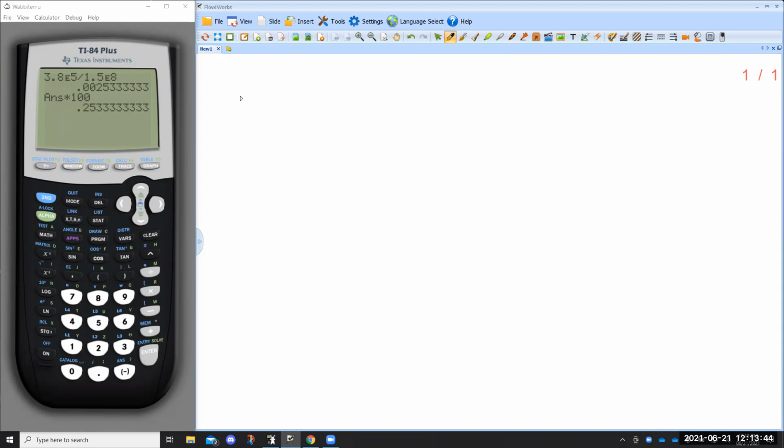Given here, the annual energy consumption is roughly 1 times 10 to the 20th joules. Express this as energy consumption per person per second. So first we need to find per person. So divide by the number of people. So this is 280 million.